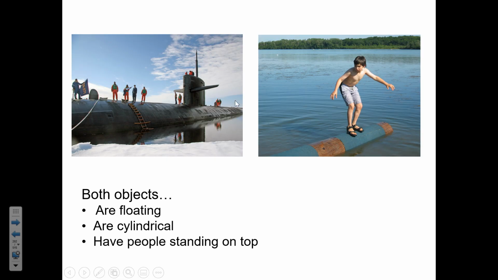And so compare these two cylinders. You've got a submarine on the left where it's stable, there's people standing on the top. The cylinder on the right, you can see the boy is struggling to maintain his balance. There's some grip tape on there. It's probably a game of some sort. But there's no grip tape on the top of the submarine and they're not struggling to maintain their balance.